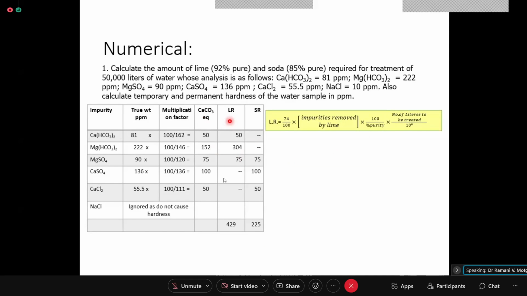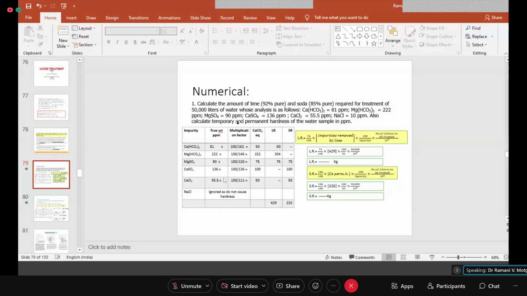Okay. So you know that calcium bicarbonate is removed by lime. So in the lime required column, LR is lime required, and this is soda required.